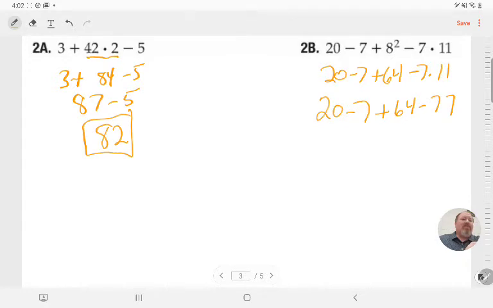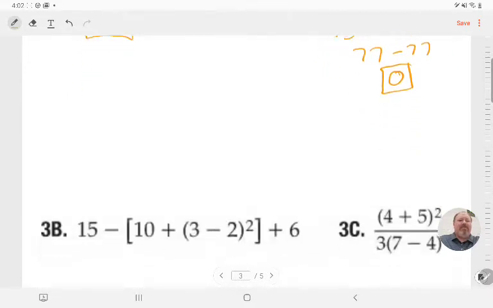Now, we're left with all addition and subtraction, so we work from left to right. So 20 minus 7 would be 13, plus 64, minus 77. Now 13 plus 64 is going to give me 77, minus 77, and that's going to give me an answer of 0. Okay? All right, nice job.